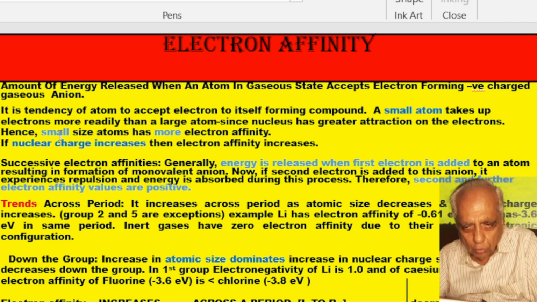Okay, so now we will go first across the period. If we go across the period, what will happen to the size? Size will decrease, nuclear charge will increase. So if the size decreases, what will happen to electron affinity?